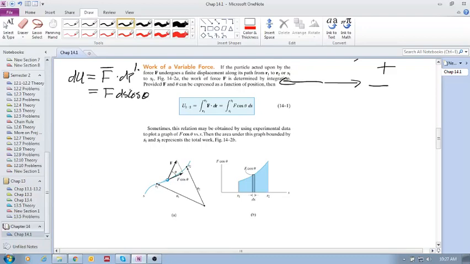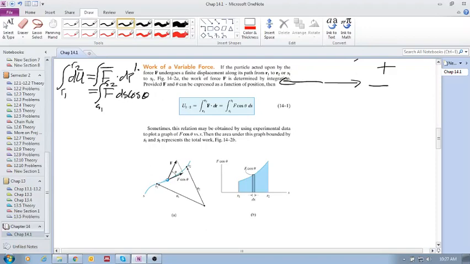Okay? Now, if we want to take this term and get the total work, remember we just need to integrate, right? We need to integrate between R1 and R2, or if it's in scalar form, between S1 and S2. Okay?